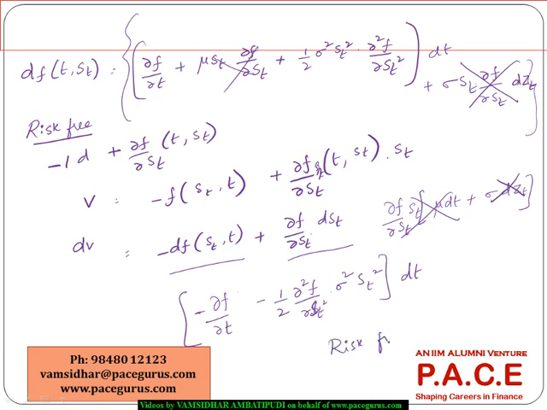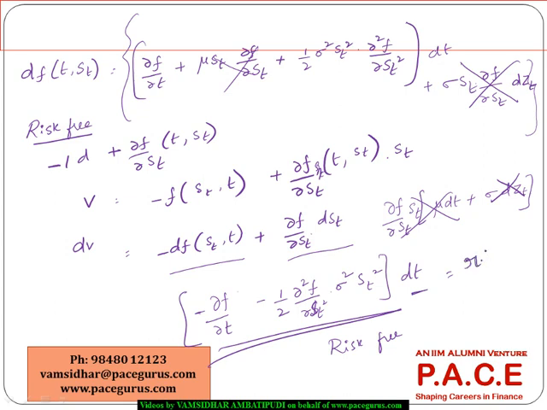The change is an assured change because it changes with time, but there is no random component in it. So the gain or loss in the portfolio is this, and it is risk free.